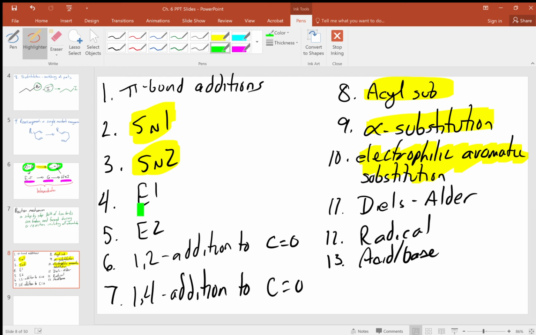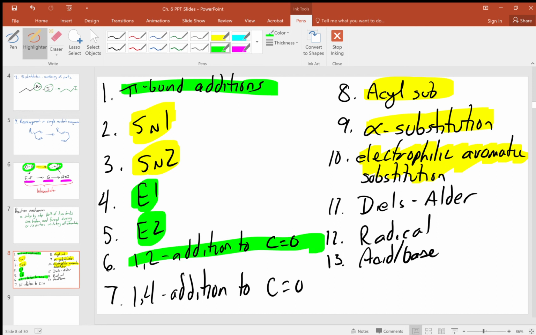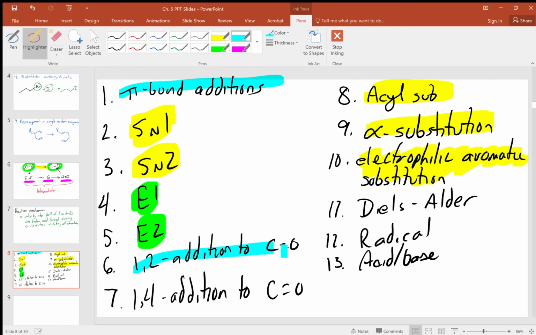We also talked about eliminations, additions, and Diels-Alder probably fits closest to a rearrangement of the group that we've talked about.